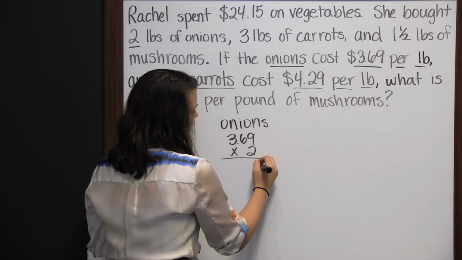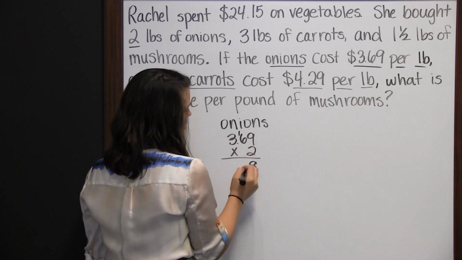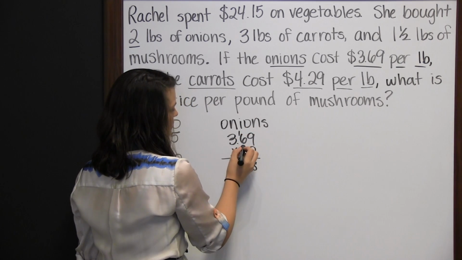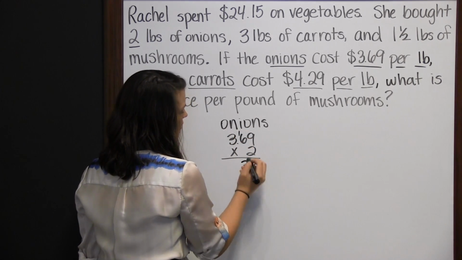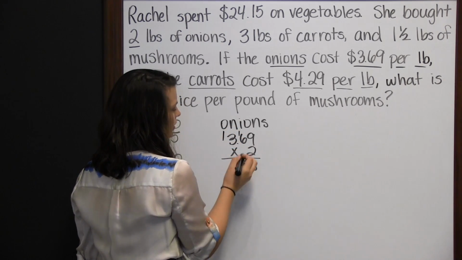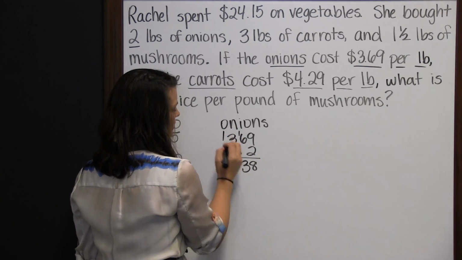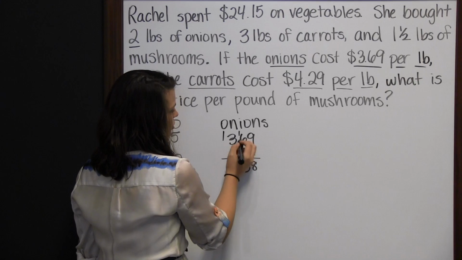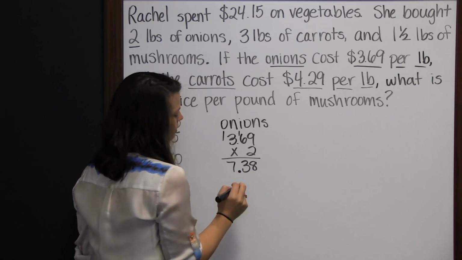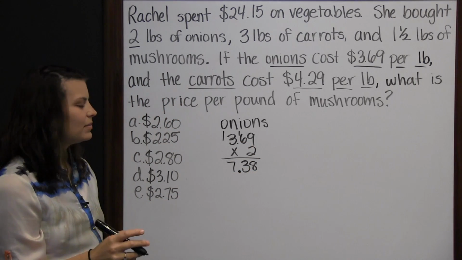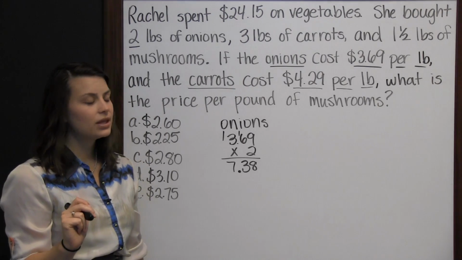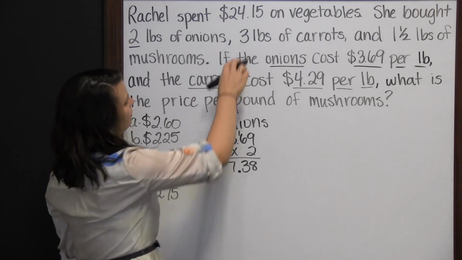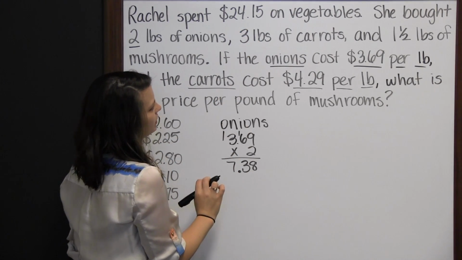So 2 times 9 is 18, carry the 1. 2 times 6 is 12, plus 1 is 13. Write the 3, carry the 1. 2 times 3 is 6, plus 1 is 7. 2 numbers behind the decimal, 2 numbers behind the decimal. So that means she spent $7.38 out of her total on onions.